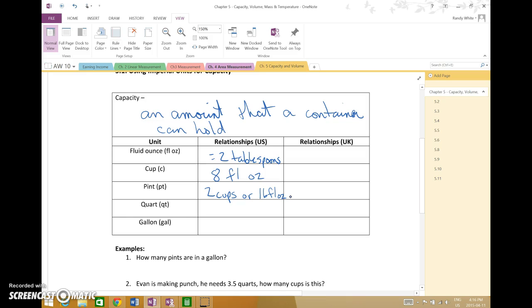And 1 quart is 2 pints, which is 4 cups, or 32 fluid ounces.